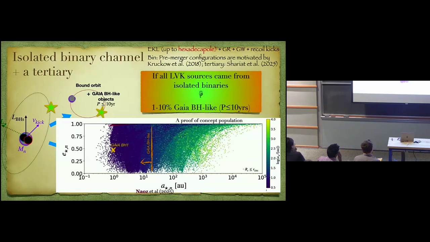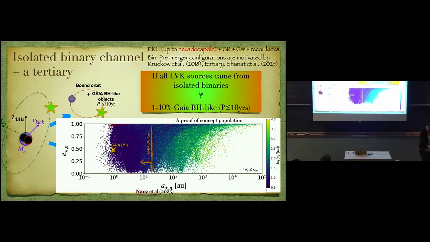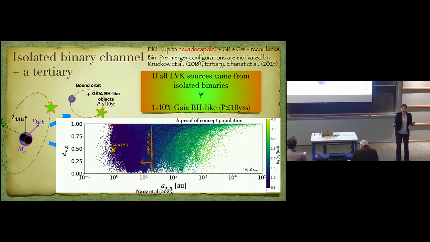Now, this is a funny if, I know, because it does not mean to claim that LIGO sources are Milky Way-like objects. However, this gives us an anchor to see if this is even worth anything. And it seems very encouraging that even with this crude proof of concept with one solar mass, we can get Gaia BH-like systems in a very natural way.